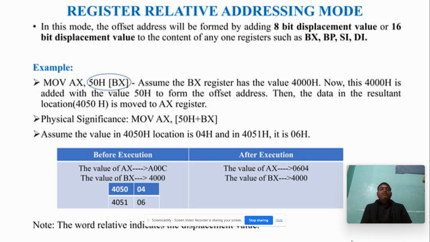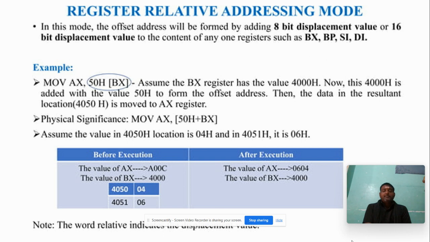Next one, register relative addressing. In this mode, the offset address is obtained by adding an 8-bit displacement value or a 16-bit displacement value to the contents of any one register such as BX, BP, SI, DI.